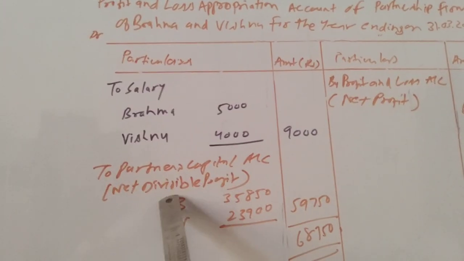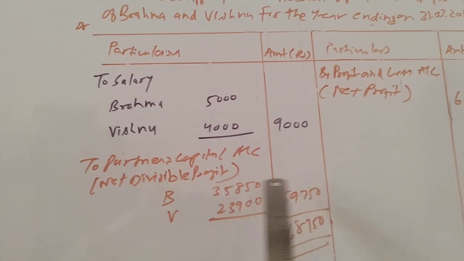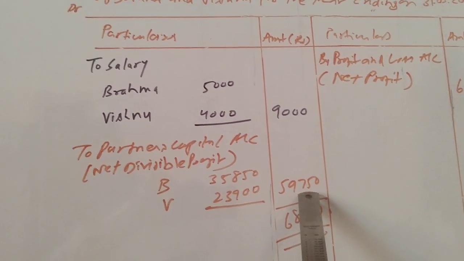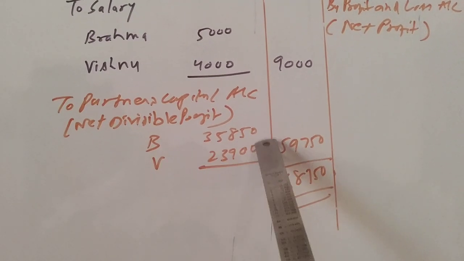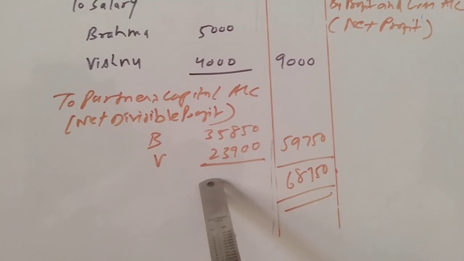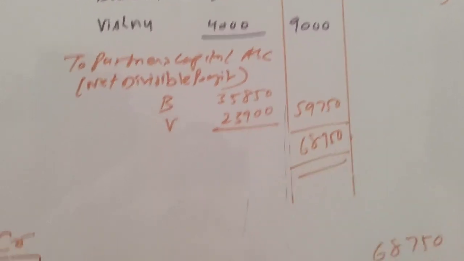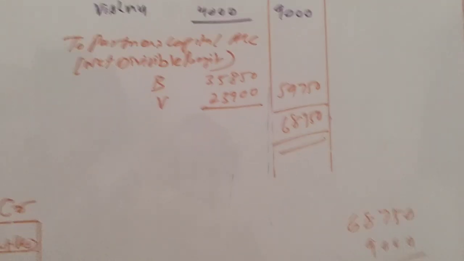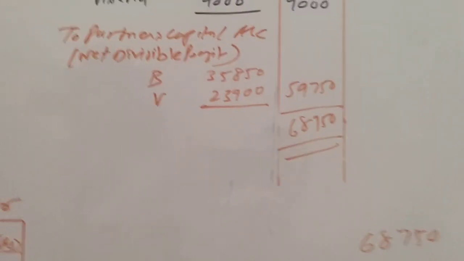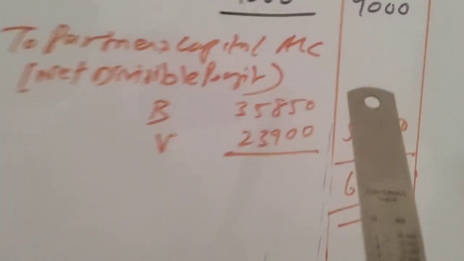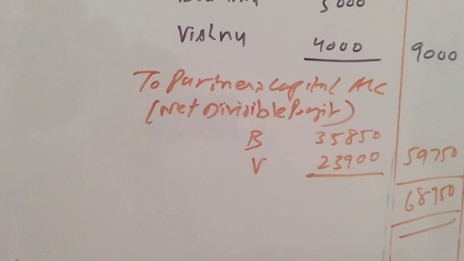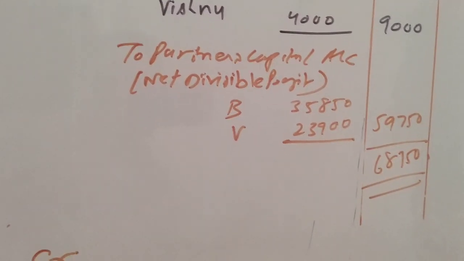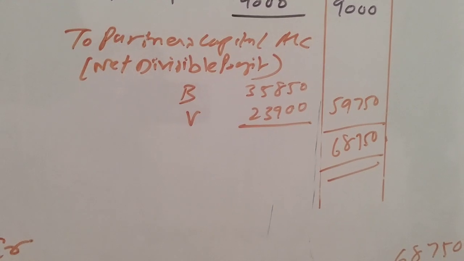So here I have mentioned partners capital account. This is the net divisible profit. The total amount is 59,750. As we have calculated, Brahma's amount is 35,850 and Vishnu's amount is 23,900. Okay with this? Now these two amounts, as we have written here, partners capital account, are supposed to be transferred to the partners capital account.